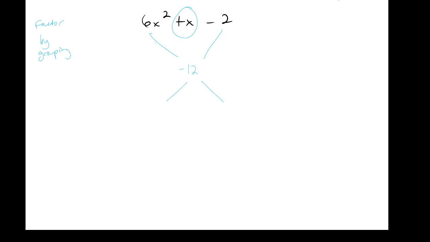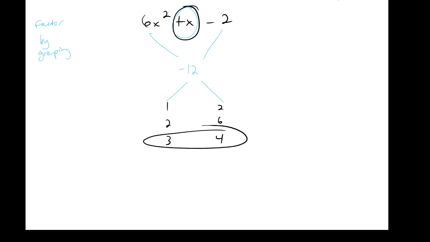So here are my possibilities: 1 and 12, 2 and 6, 3 and 4. What I need to figure out is where I'm going to have this difference of x, and that's the 3 and the 4, a negative 3 and a positive 4. That's going to give me the positive 1.